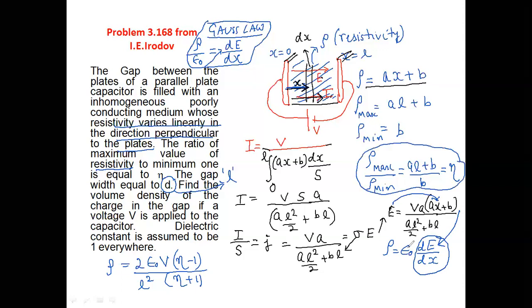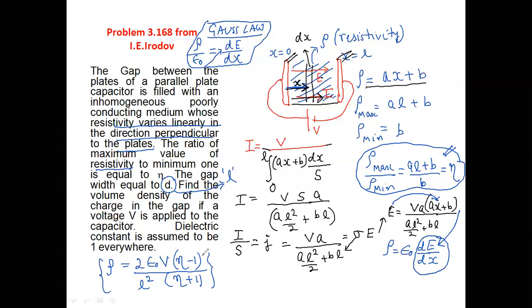In the final expression, you have to use the fact that (A L plus B) divided by B is eta. When you use this fact, only then will you get the answer in the given form.